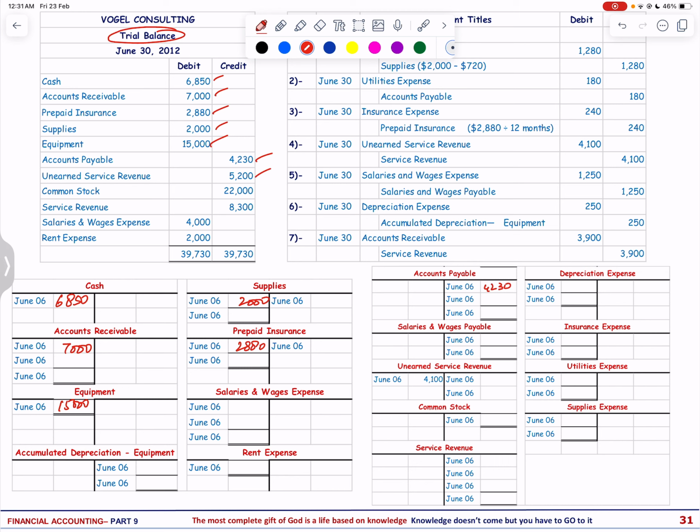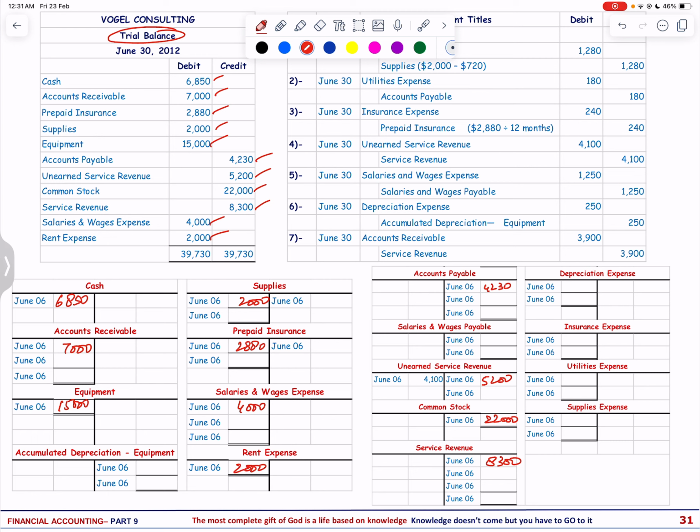Then unearned service revenue is 5,200. Then common stock is 22,000. Then service revenue is 8,300. Salaries and wages expense is 4,000, and rent expense is 2,000.